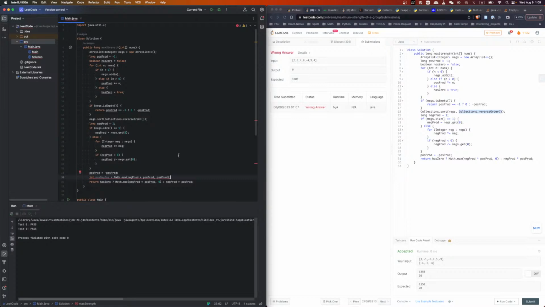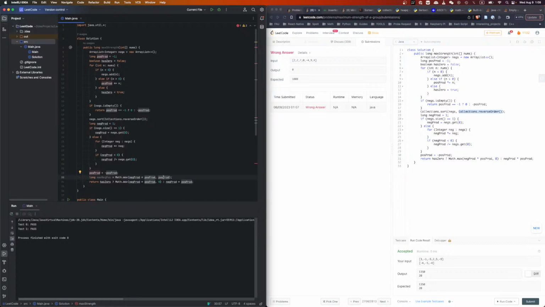Right? If this is not int, it's gonna be long. If this is a negative, the negative times the positive, we choose this. Or what if there's no positive? Yeah, what if there's no positive?